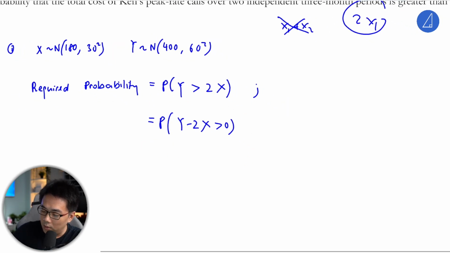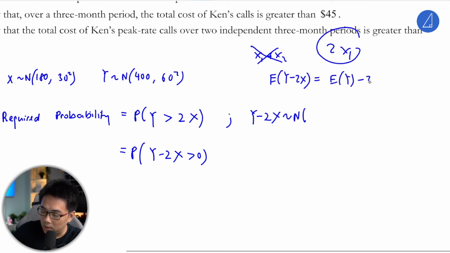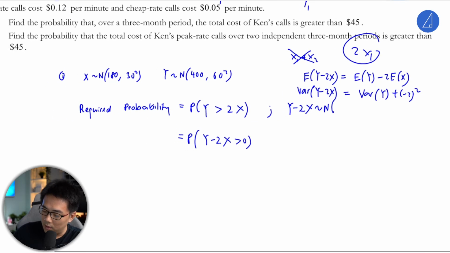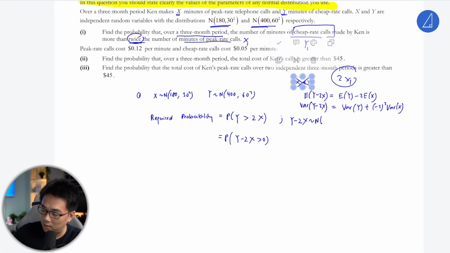So we know that Y minus 2X is normally distributed with mean E(Y) minus 2E(X), and variance of Y minus 2X. Now for the variance, remember you need to square the negative 2 in front. So this is 2 squared times variance of X. Okay, so just key in the calculator.